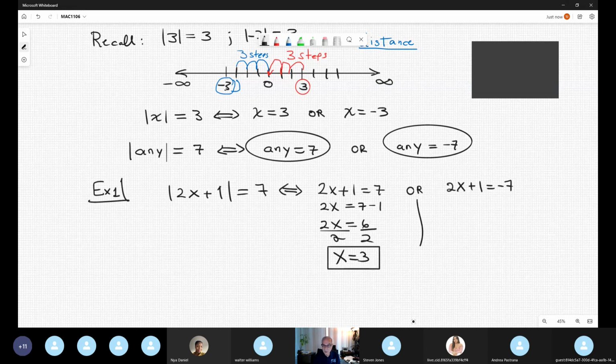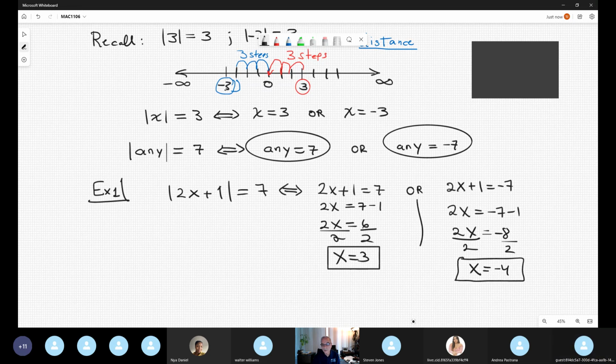My second solution would be 2x equal -7 minus 1, which gets -8, divided by 2, x equal -4. Wow. And we have 2 solutions. The solution set of this equation is 3, positive 3, and -4. It doesn't matter what you write first when you write the solution set. The order is not important.